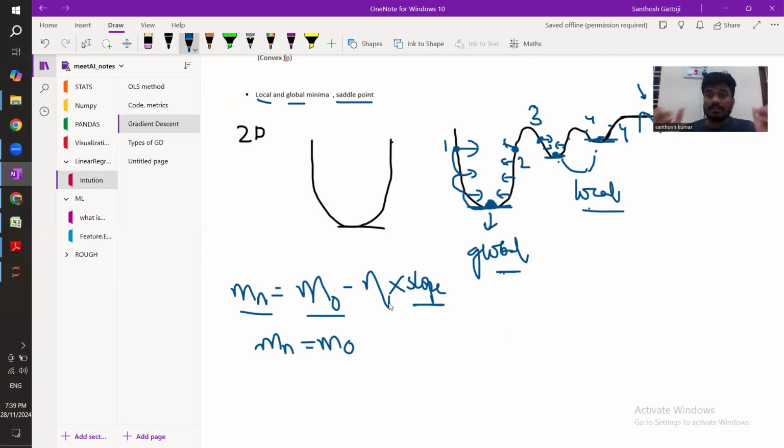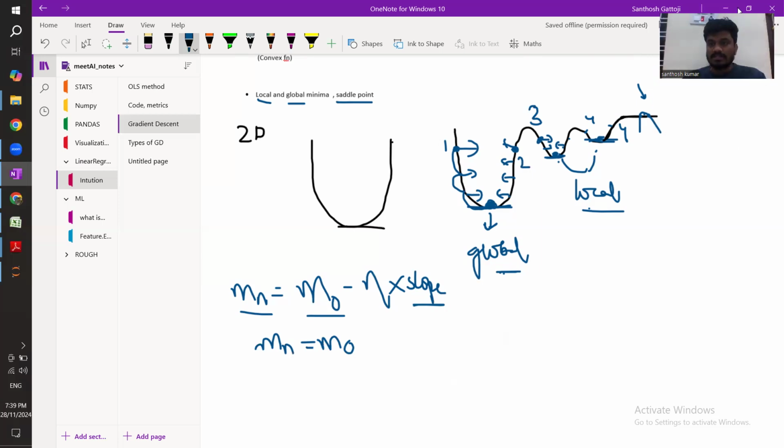But the tricky point is this particular point is neither a local minima nor a global minima, but still we are getting stuck. Clear? At least if you are getting stuck here, that is not the best, but at least it is a local minima, if not global.